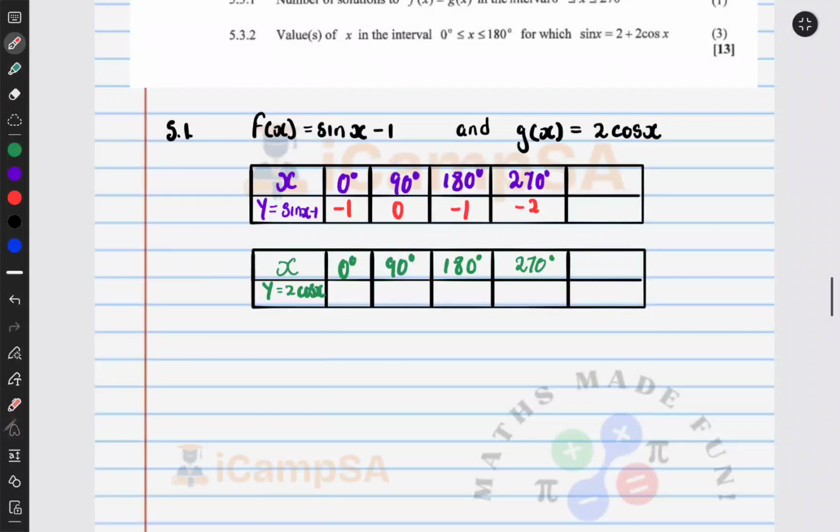Let's do the second one. 2 cos 0 is 2, 2 cos 90 is 0, at 180 it is -2, and at 270 it is 0.